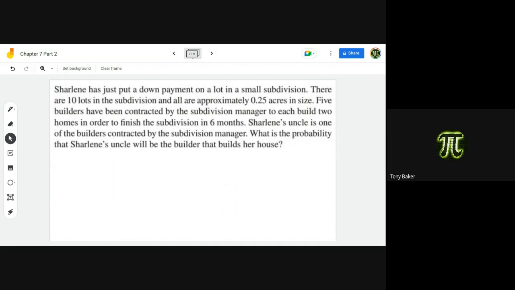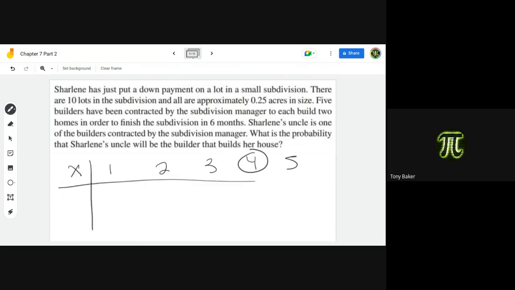So we have 5 builders, right? So we're going to say it's 1, 2, 3, 4, and 5. And we'll call Charlene's uncle number 4. What's the probability?